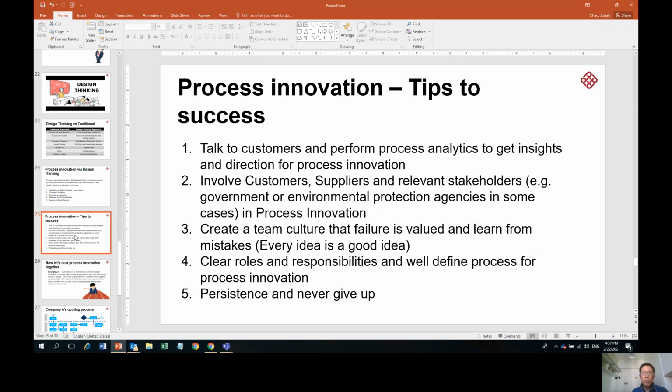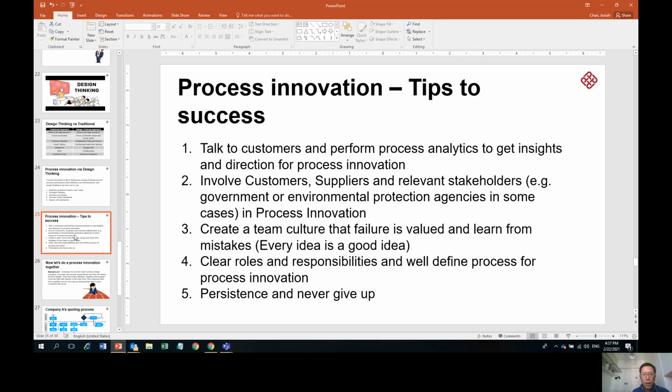In manufacturing cases, it's good to get the involvement of the environmental protection agencies. They may give you some feedback on how to make sure that your process is not causing negative impacts to the environment. So all the feedback is good. A good process is something that can balance all different needs.